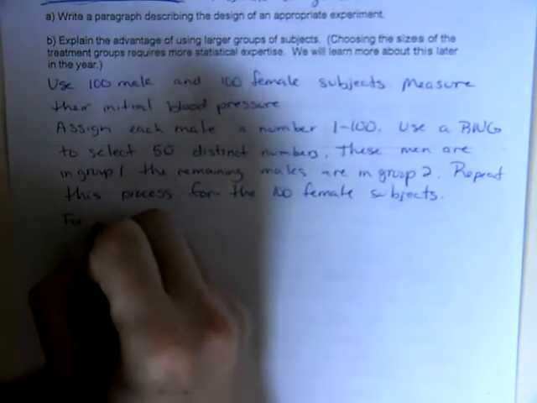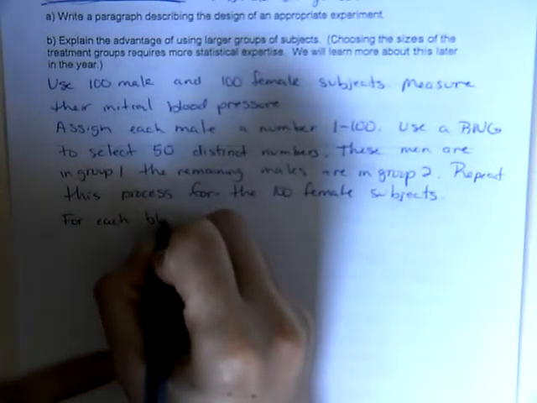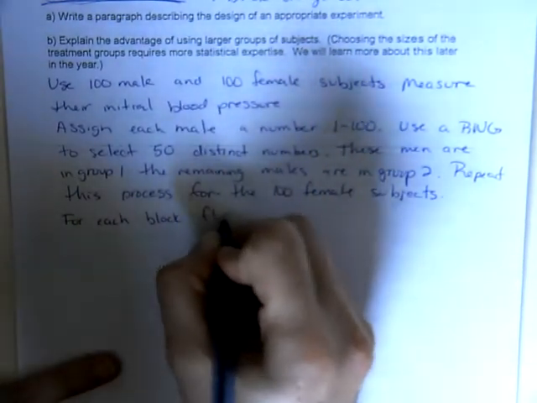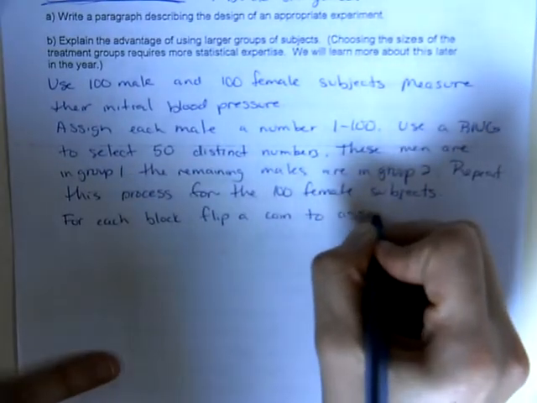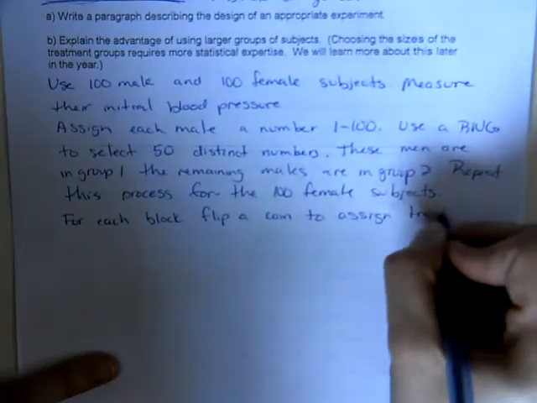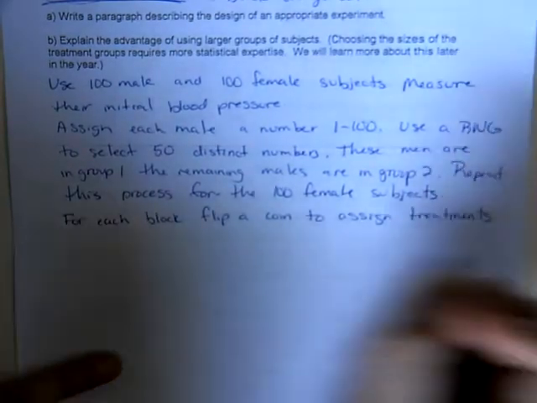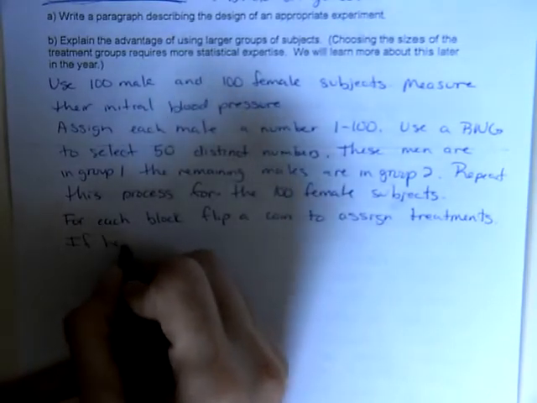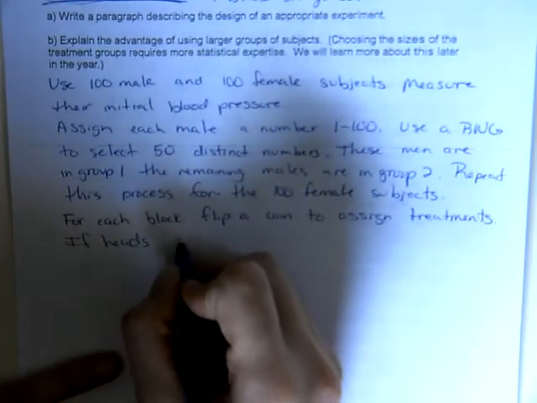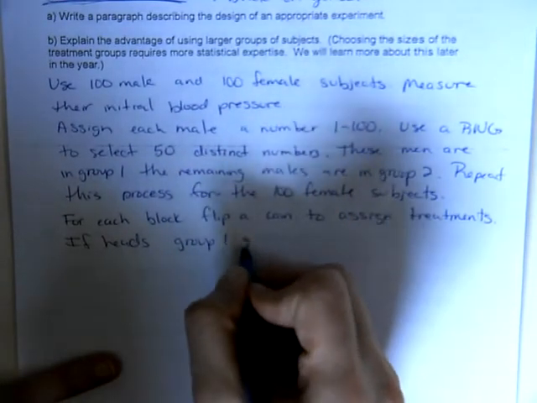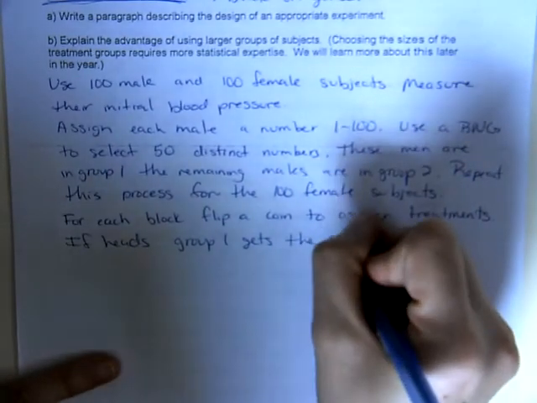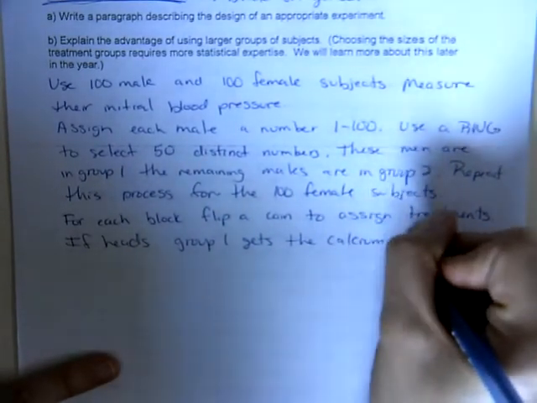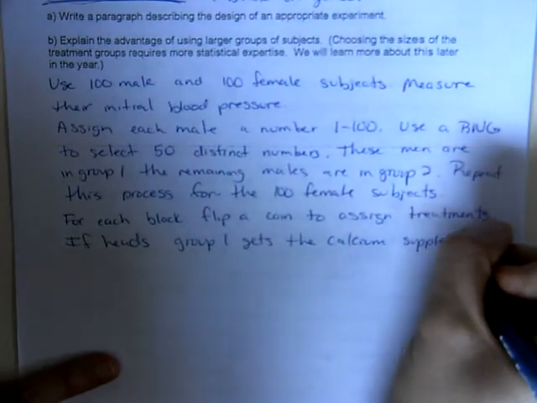So for each block, flip a coin to assign treatments. If heads, group 1 gets the calcium supplement.